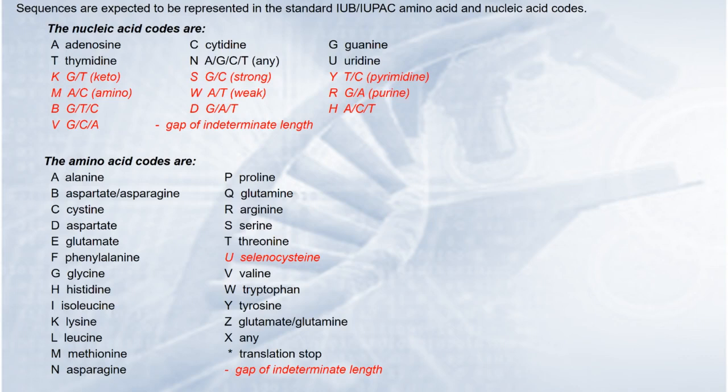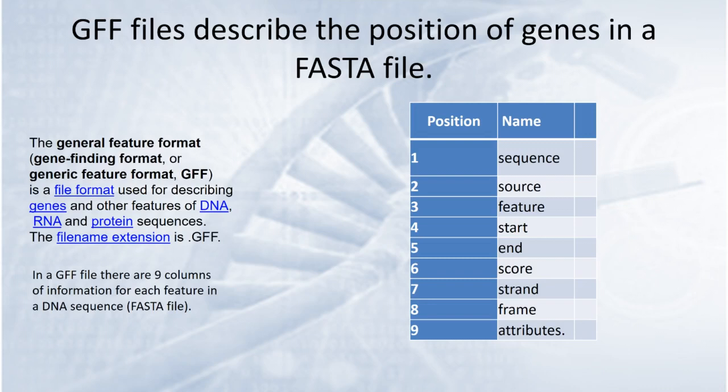The most common one that you'll come across in Fasta files and sometimes Fastq files is an N, which usually reflects the fact that the quality is too poor to designate a specific nucleotide. And then there are similar single letter representations for the amino acids in protein sequences.